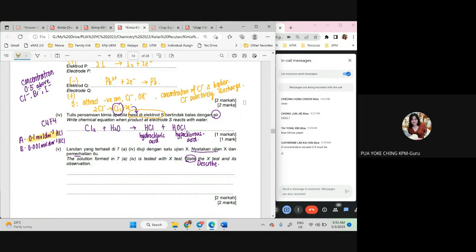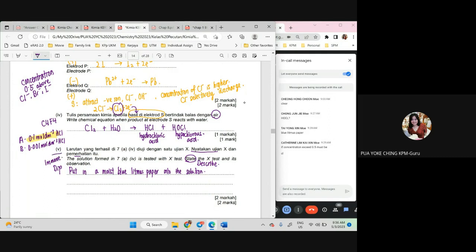Okay, you will test. Okay, masukkan satu kertas. Okay, put in a moist blue litmus paper into the solution. Okay, kalau you tak nak put, you pakai dip pun boleh. Ataupun immerse pun boleh.